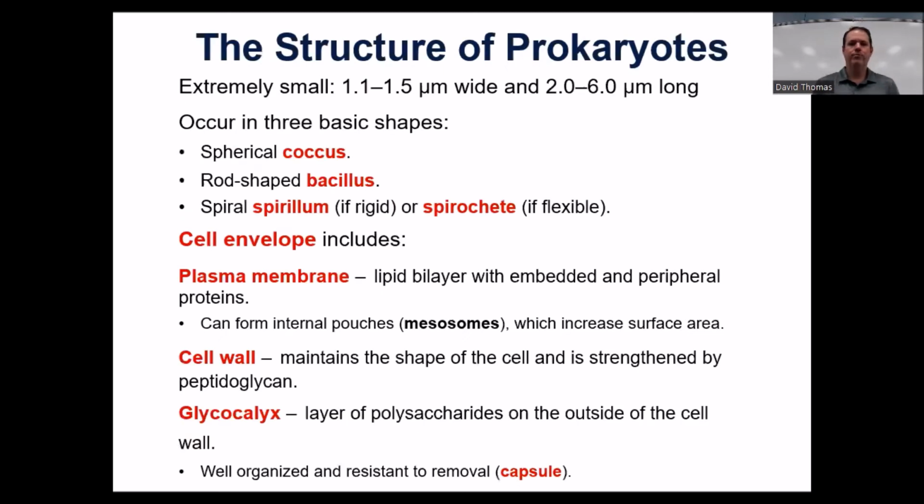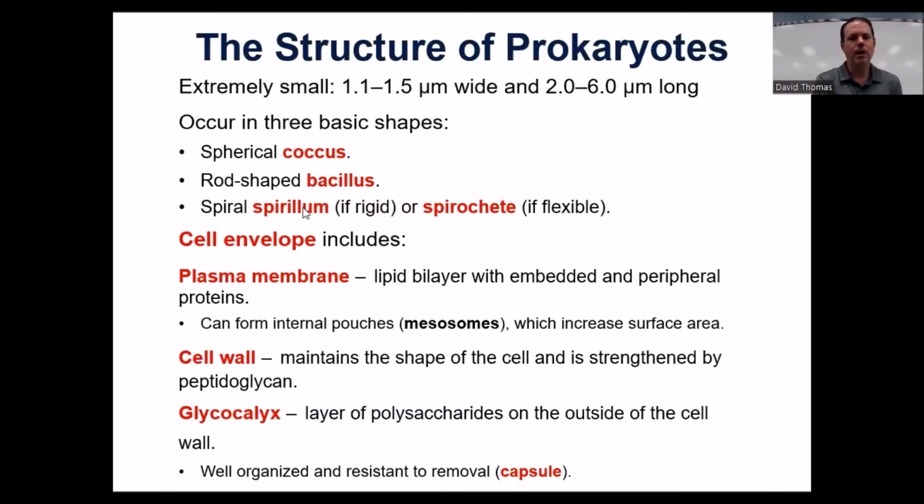The structure of prokaryotic cells: very, very small, and you don't have to memorize the diameters, but they're listed there for you. Usually you see these in 3 main shapes, and there's an illustration I can show you in a minute. Spherical is coccus shape, rod shape is bacillus, and spiral is spirillum.